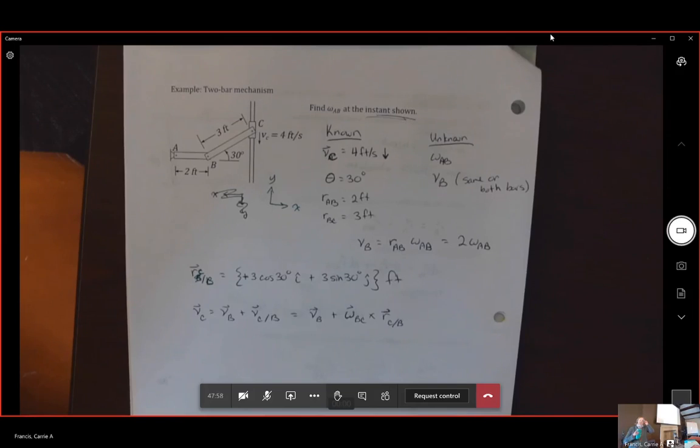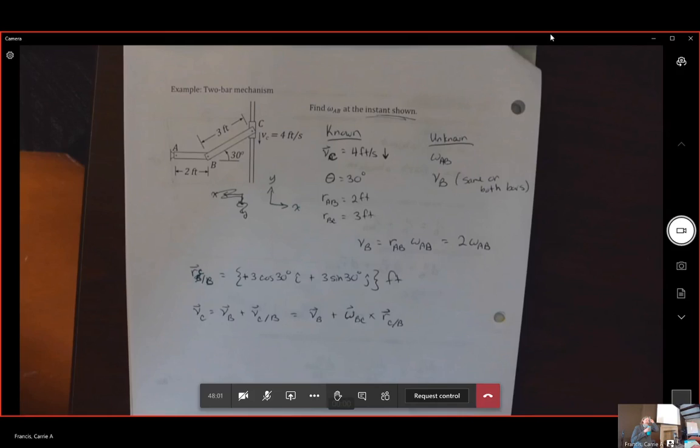All right, so what might we want to do next? Is there anything else we know here that might help us to solve? Okay, so we know the velocity at C. We know it's 4 feet per second straight down.